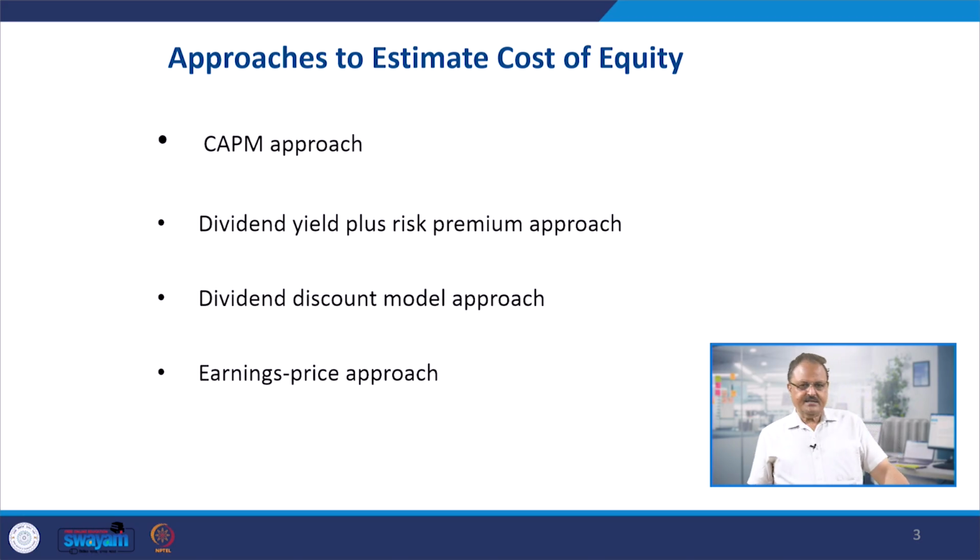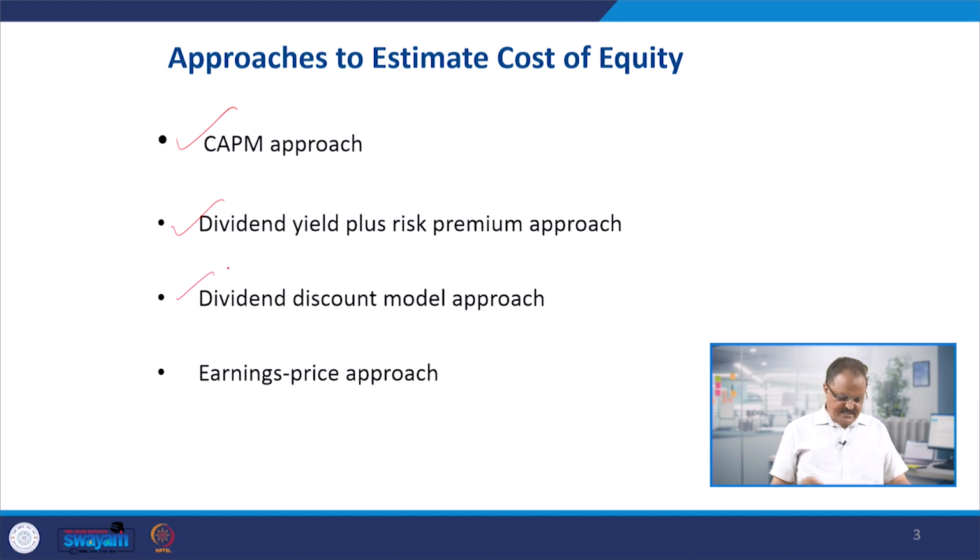Now, for calculating the cost of equity, we have different approaches, different methods available. First one is the capital asset pricing model approach, the CAPM approach. Then the second approach is the dividend yield plus risk premium approach.